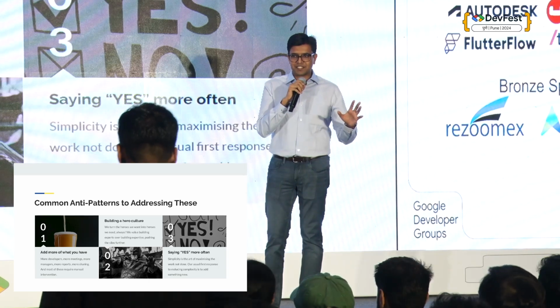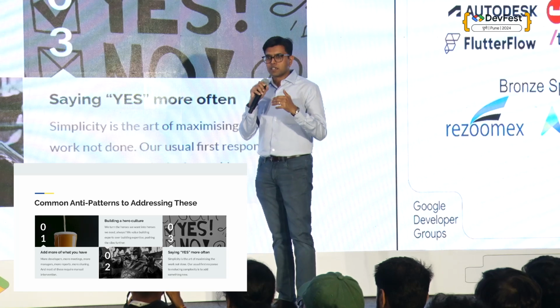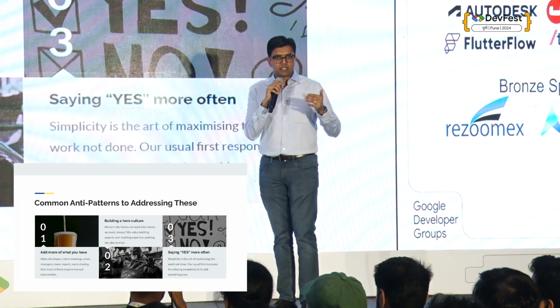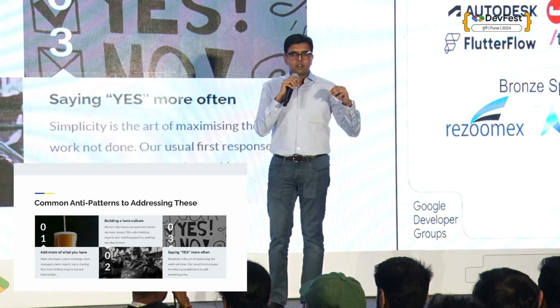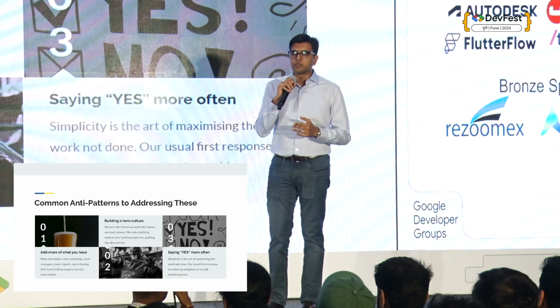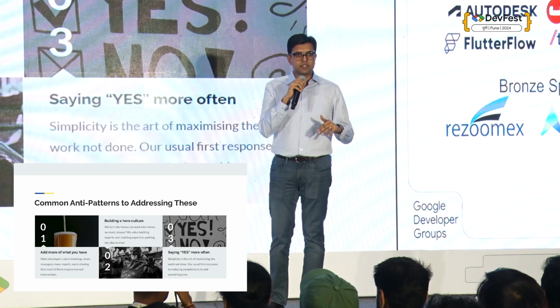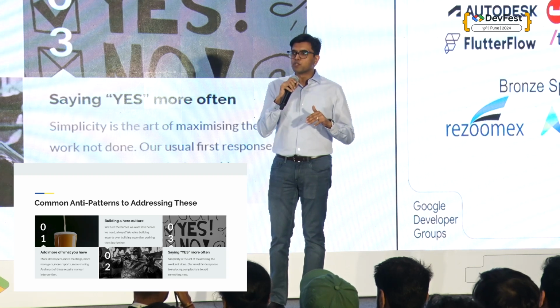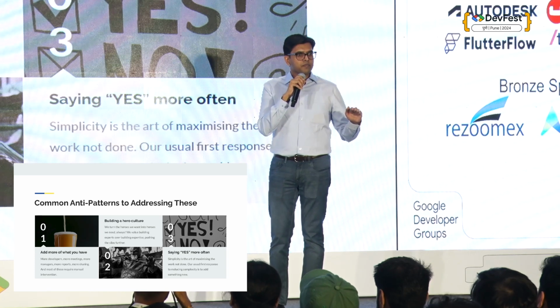Nahi hota hai. Okay? Adding more people to a project that's already delayed doesn't help you. Adding more of anything in a given situation can actually bring in more problems than it solves. You have a problem of overflow all the time. But that's an anti-pattern that we have seen in most organizations.